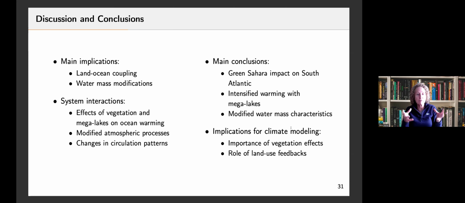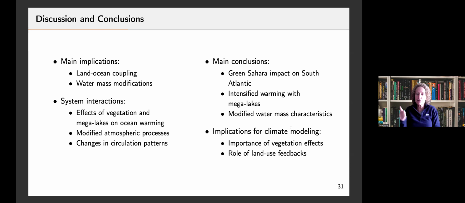And this means that vegetation and megalakes and humidity and excess rainfall will impact ocean warming. We saw that the ocean warms because of these changes, associated with the modified atmospheric processes and, of course, changes in circulation patterns.